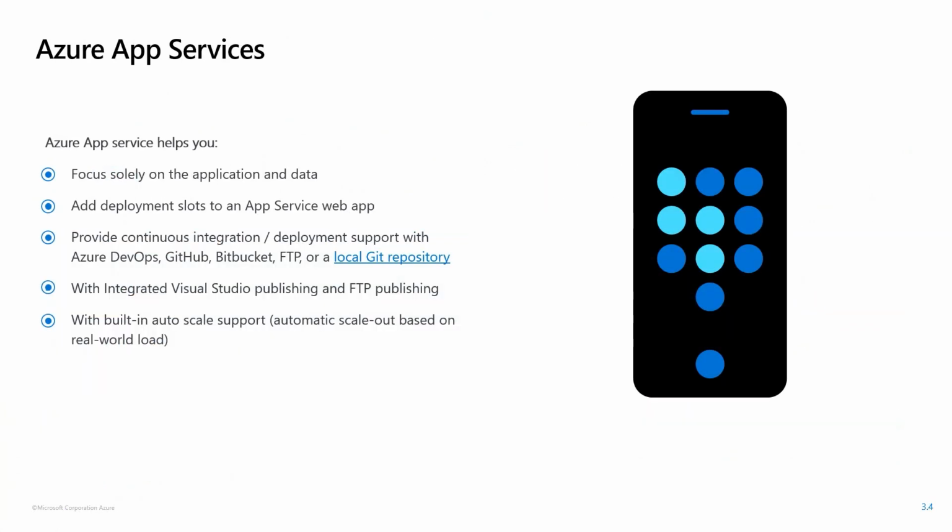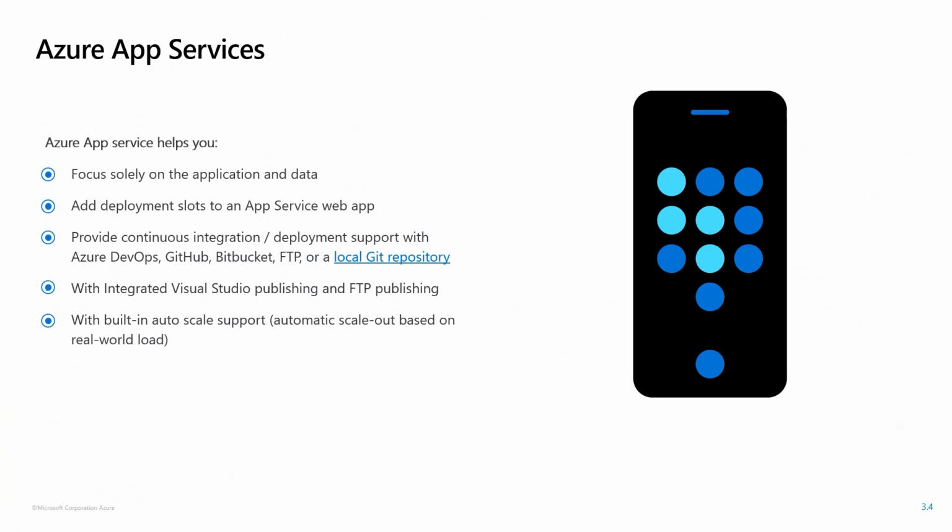Azure App Services gives us a way to deploy an HTTP-based service for hosting web apps, REST APIs, mobile backends, for example. We can run applications that can scale easily on Windows, on Linux.